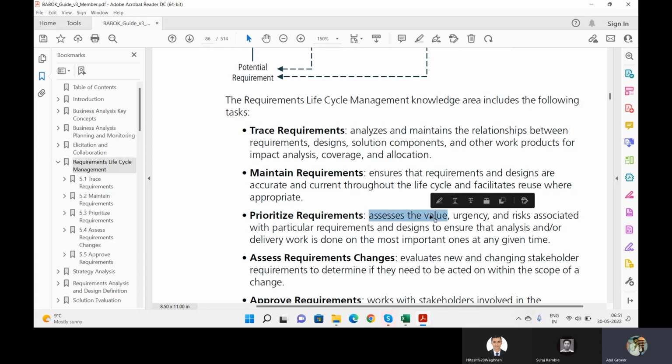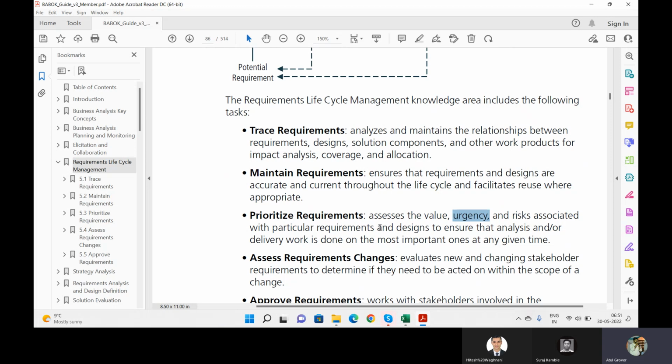By developing this particular requirement, what value am I getting? Then, what is the urgency of this requirement to be developed? And what is the risk associated with the particular requirement? If I did not develop it, then what will be the risk?